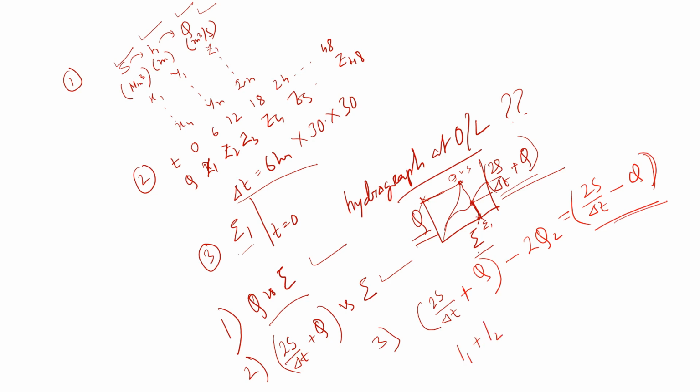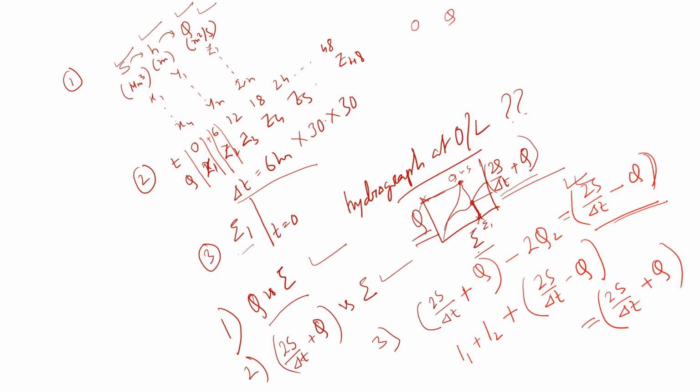I1 plus I2 means the 0th discharge plus this one, that means Z1 plus Z2, to this part, 2S by del T minus Q, and this will give you 2S by del T plus Q.